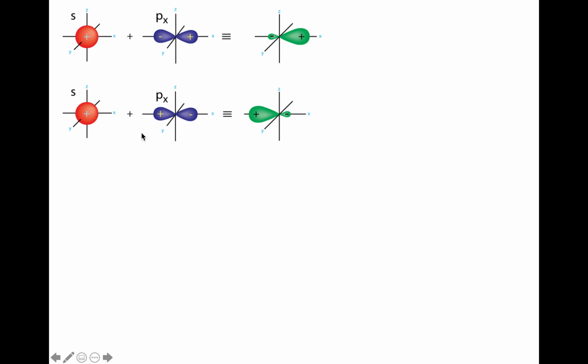We could do that with one combination, and the other would be to flip the phase. This is what it means to say within our linear combination, we've got both options. So we're forming the sp hybrid orbitals. We have two different ones where the lobes have resulted from both constructive and destructive interference.